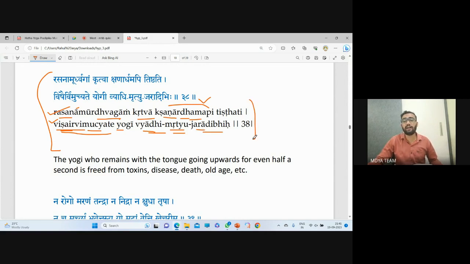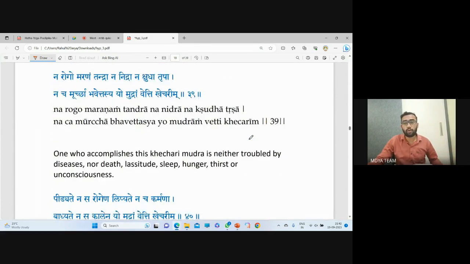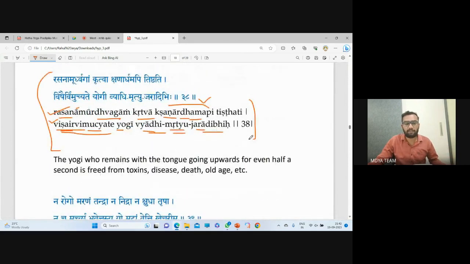So these are the benefits of the half second practice of Khechari Mudra. Now you can estimate: only half a second of practicing Khechari Mudra gives these benefits. If we continue to practice for hours and days, then how many more benefits can we get?